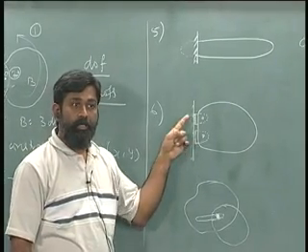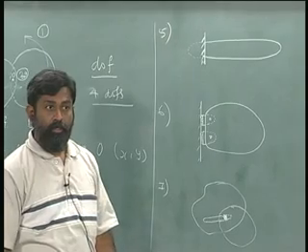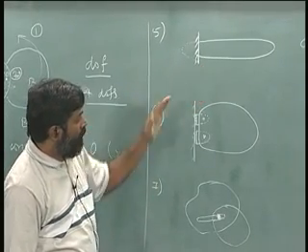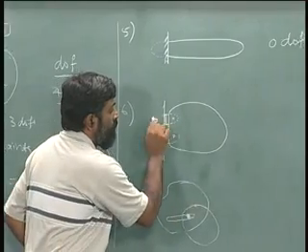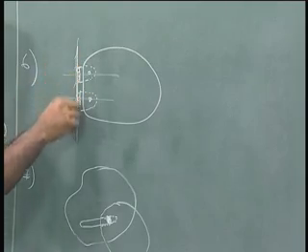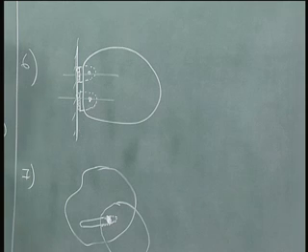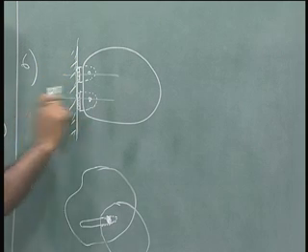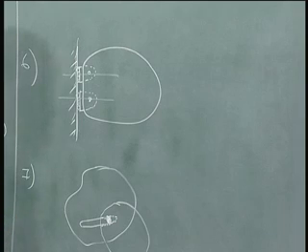In this particular case, if you notice carefully, the motion in this direction is arrested. This is a line, a straight line, and this is the fixed frame of reference. So in this direction there is a translation that is arrested.